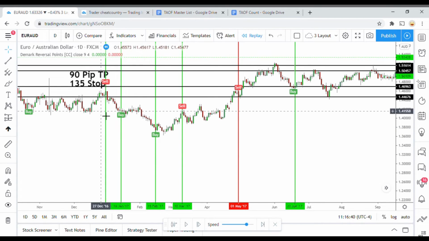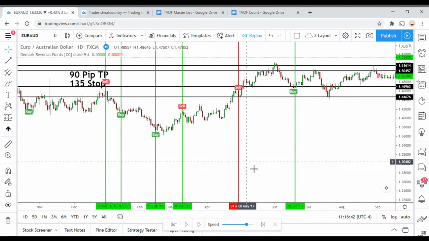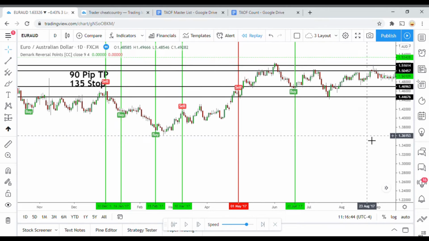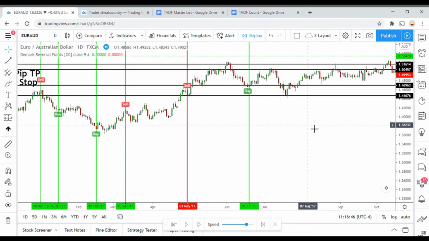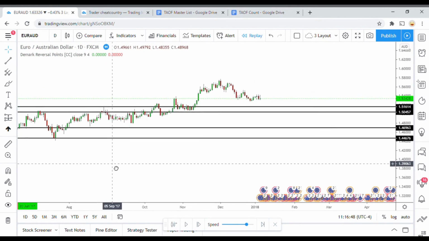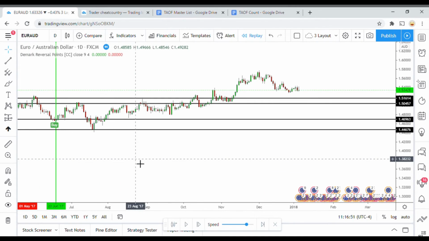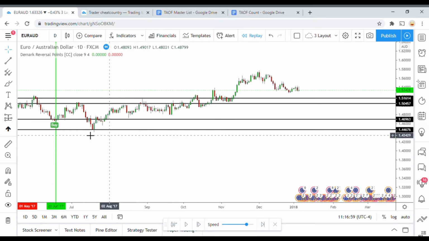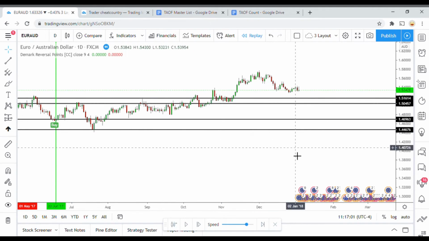So yeah, let's count them out and see what we got out of this. So we have 1, 2, 3, 4, 5, and 6, and we have 5 wins. And so definitely a winning indicator. Yeah, all in all, it did pretty decent. Not bad at all. I wish it would have given us a little bit more trades back here.